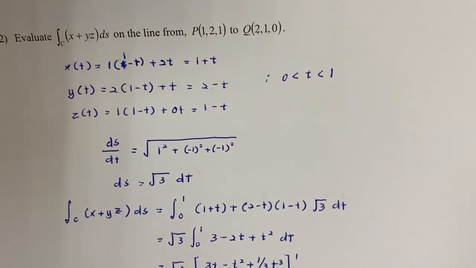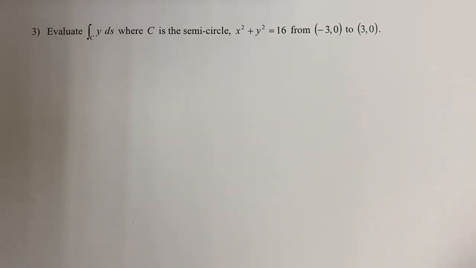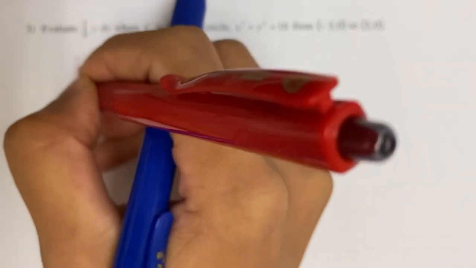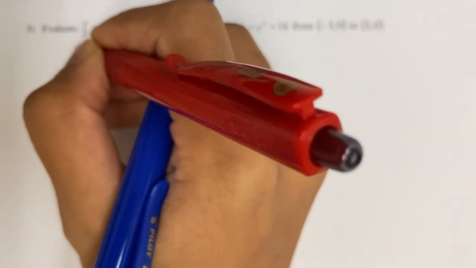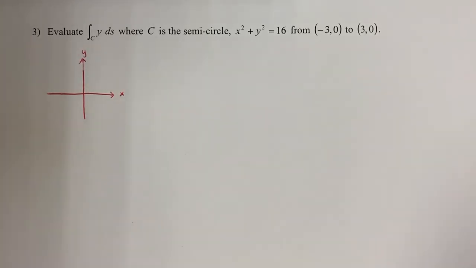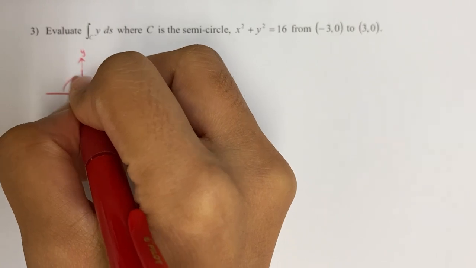Okay. Next, evaluate the integration over C of y ds, where C is the semicircle x squared plus y squared equal to 16 from negative 3, 0 to 3, 0. So if you have the xy plane, you have a semicircle, x squared plus y squared equal to 16.